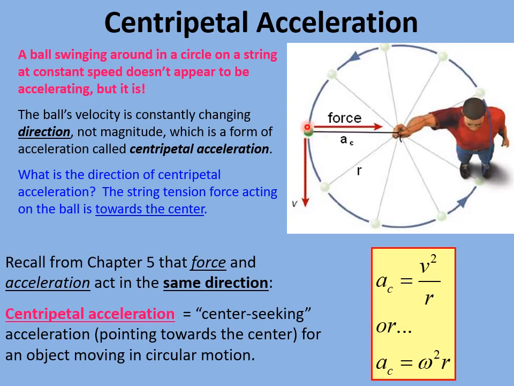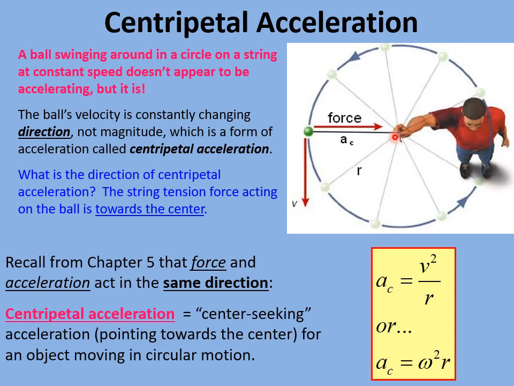So if we think about our tennis ball here, our tennis ball is feeling this string tension pulling it in the direction of the center of the circle. So no matter where the ball is on this circle, it's always being pulled towards the center. That's the tension direction. So the acceleration is always in the same direction as the net force, right?